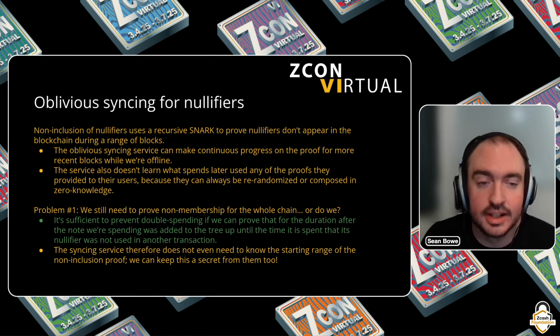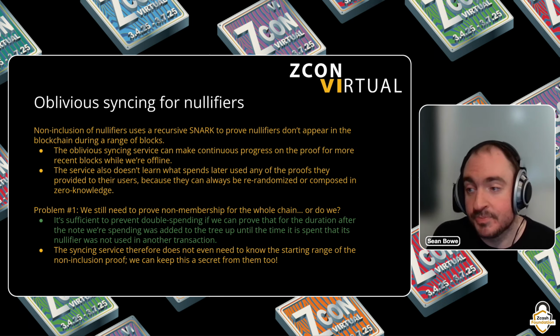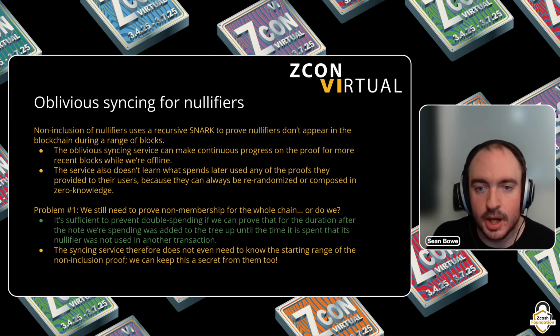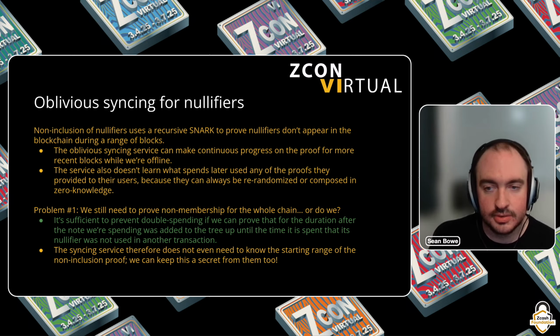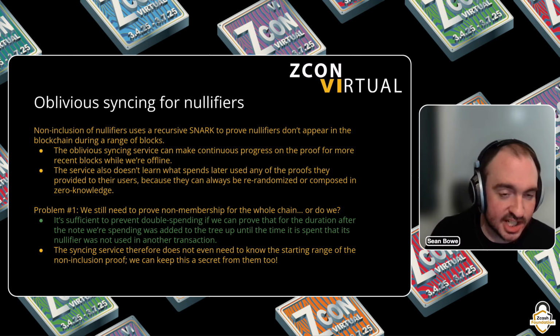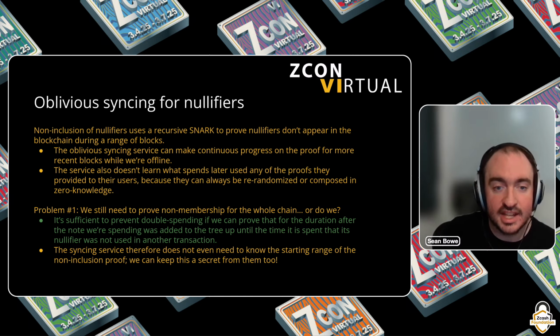But strictly speaking, it's a stronger requirement than is necessary, right? If we loosen our requirements by only requiring that a nullifier doesn't appear in any of the blocks after our note was mined, or the shielded transaction that created the note was mined, as long as the nullifier didn't appear after that in any blocks, that's sufficient to capture the cases where we could double spend.